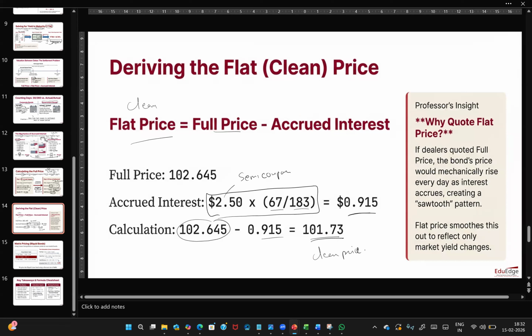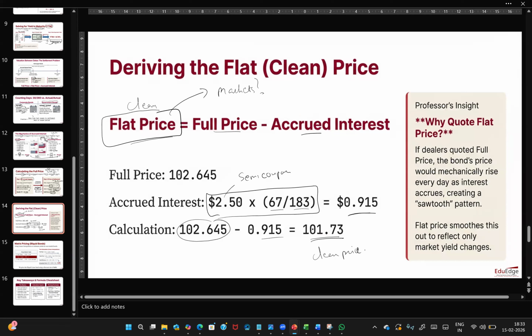Why do you think markets quote flat price or clean price? Otherwise, there will be no way to standardize, right? Because accrued interest could be different for different people, depending on when you are trying to sell the bond.